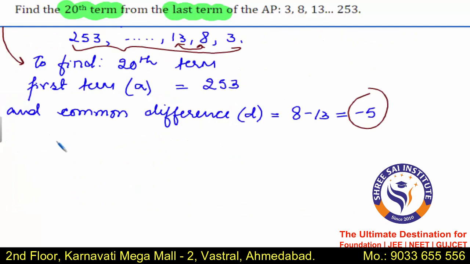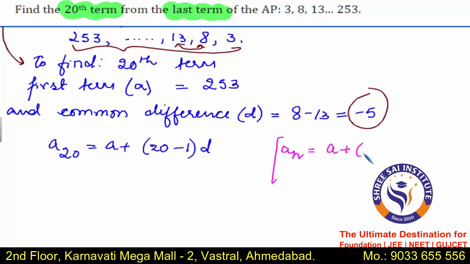We have to find the 20th term, and this is given by a plus 20 minus 1 into d, since the nth term of an AP with the first term a and common difference d is given by a plus n minus 1 into d.